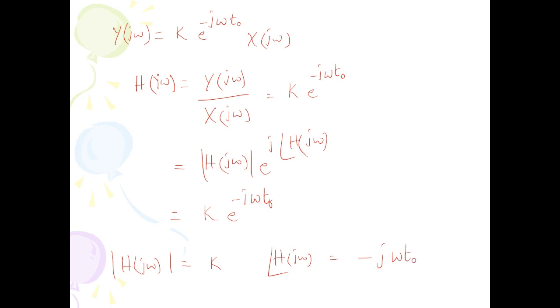So mod H of j omega is independent of the frequency component, and the angle of H of j omega is dependent on the frequency component. And this equation, H of j omega is equal to k into e power minus j omega t naught, is the transfer function for a distortionless transmission.